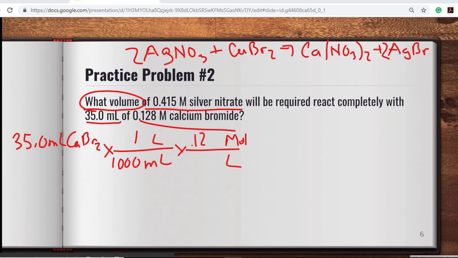It's 0.128 per liter. Okay, so we're going to go from moles of CaBr2, and we're going to change that and get it to moles of silver nitrate. And when you look at the coefficients of your balanced chemical equation, CaBr2 is a 1, AgNO3 is a 2.